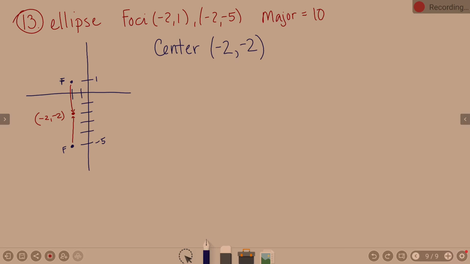So I can automatically say 2A equals 10, A is 5. I think that is one of the first things you guys picked up on. So my center tells me H and K. I also need B. But I don't have B.